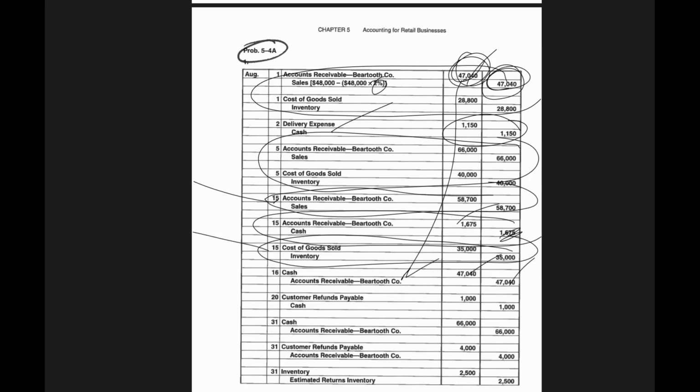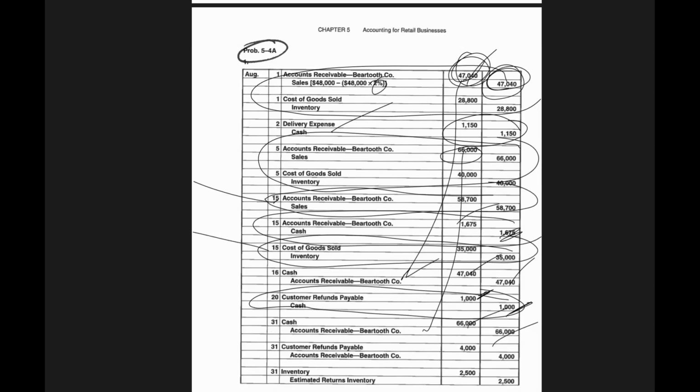So this is where we put that new account, customer refunds payable for $1,000, and we paid it, credit cash. On the 31st, Beartooth paid Summit Company on account for the purchase of August 5. Here we go, $66,000. They paid it. Debit cash, credit AR.